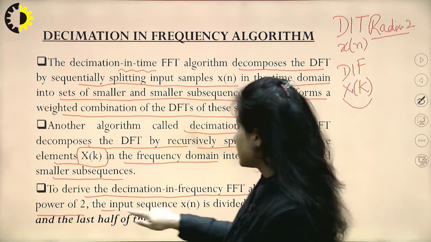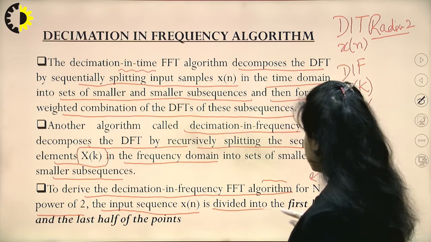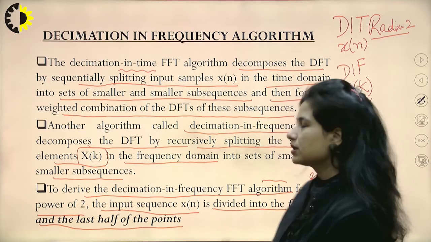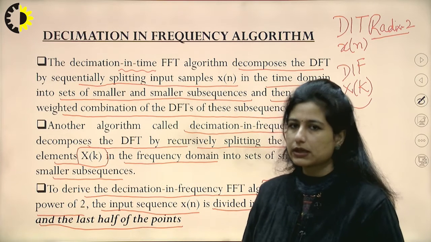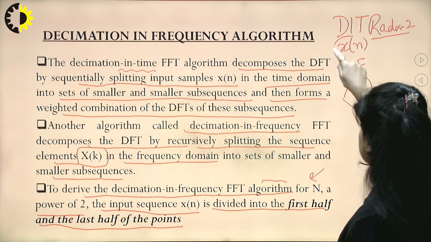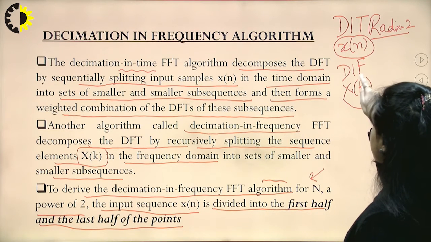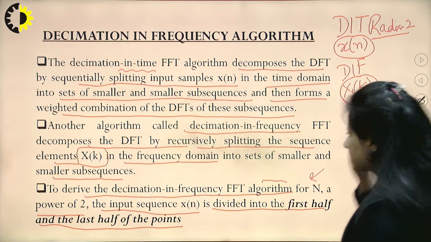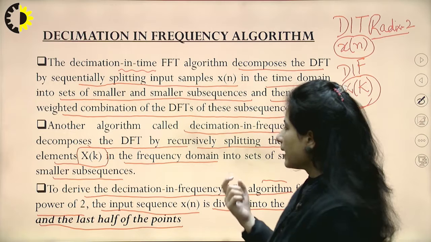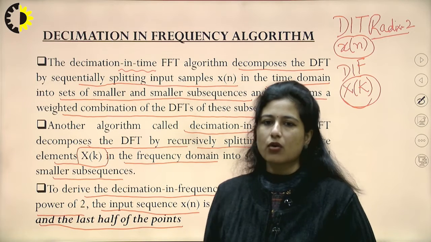So the input sequence x[n] is divided into first half and last half of the points. So this comes here, the second difference between DIT and DIF. The first was I was splitting x[n], here I am splitting X[k]. And the second thing is, when we started decimation in time domain, I divided the sequence into even and odd samples.